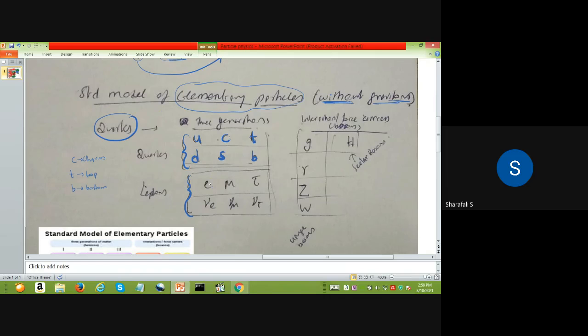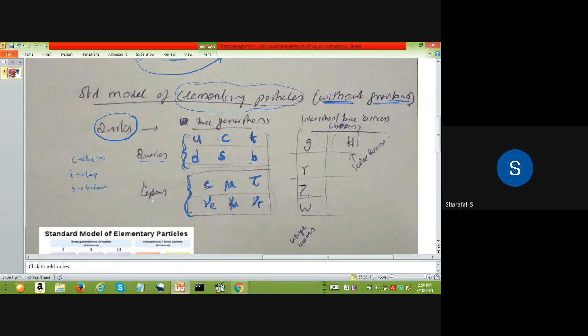In leptons, we have electron, muon, and tau. Electron, muon, tau. And then there are neutrinos also. So these are the elementary particles. You cannot divide electron. You cannot divide muon. You cannot divide tau or any of these particles. So these are the elementary set of particles.